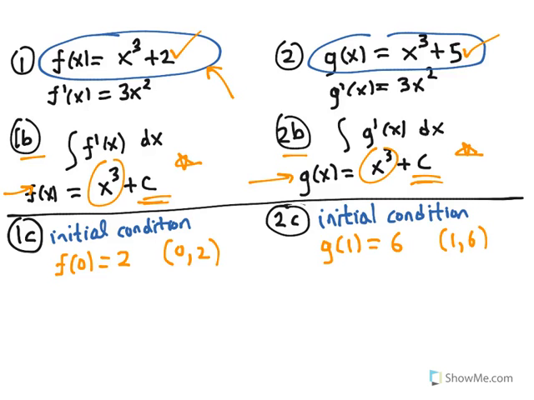We call 1b and 2b the general solutions of a differential equation, and 1c and 2c are called particular solutions of the differential equation, but we'll use that vocabulary in the future.